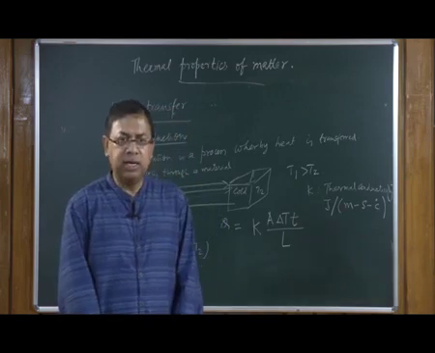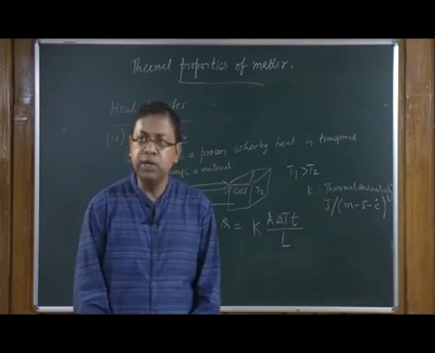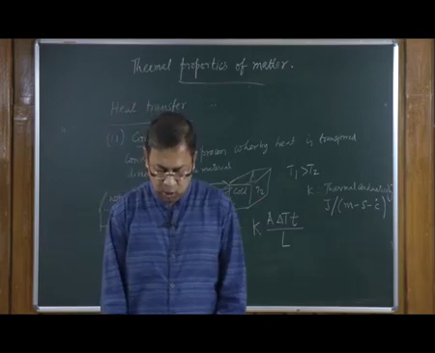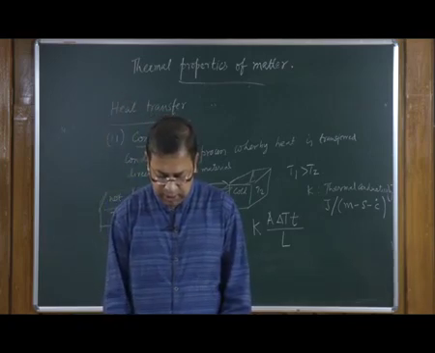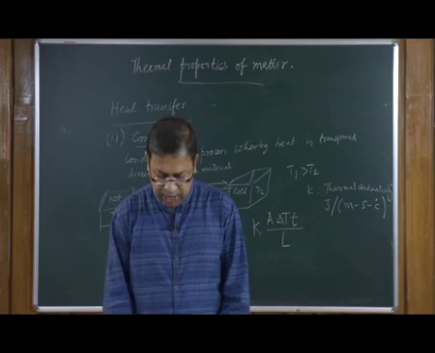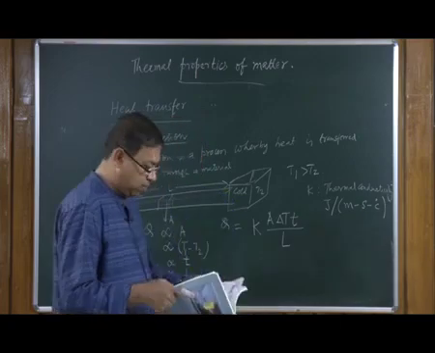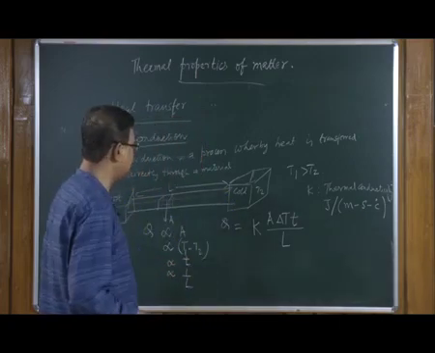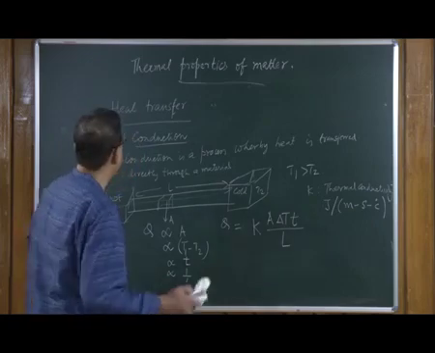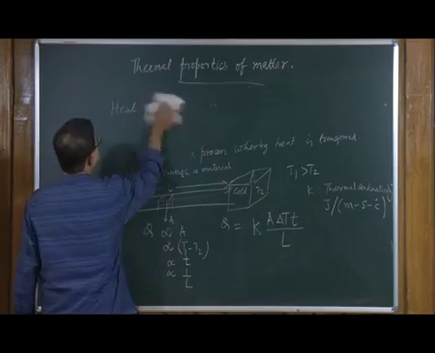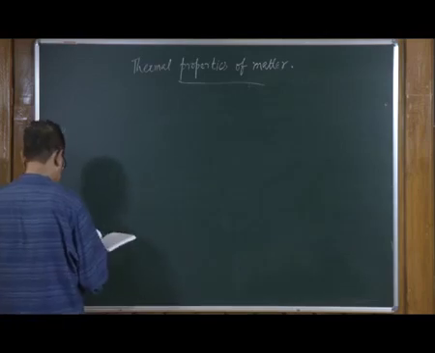Now, let us try to do some problems here in order to gain more understanding on this. We have a problem from the book, and it is stated as the following.